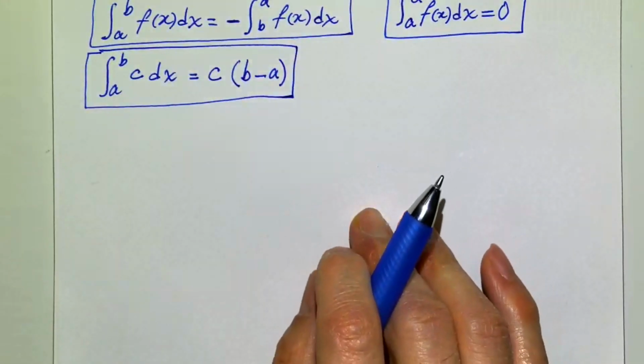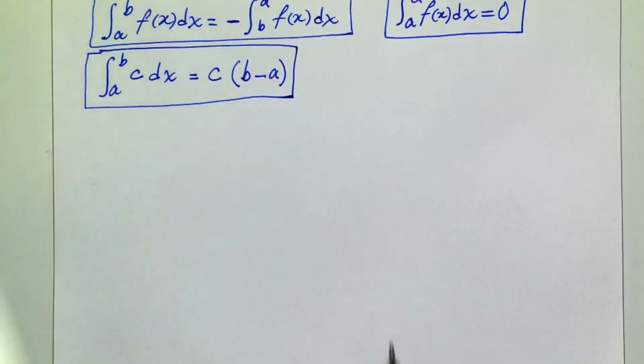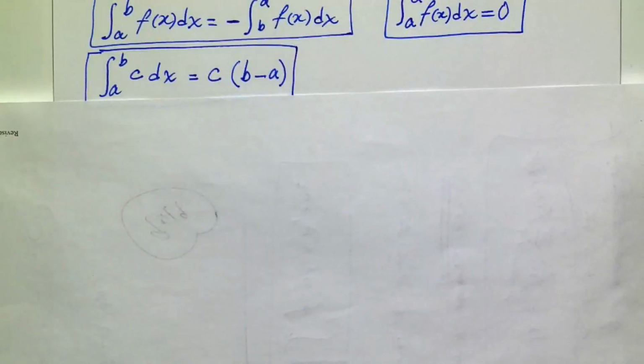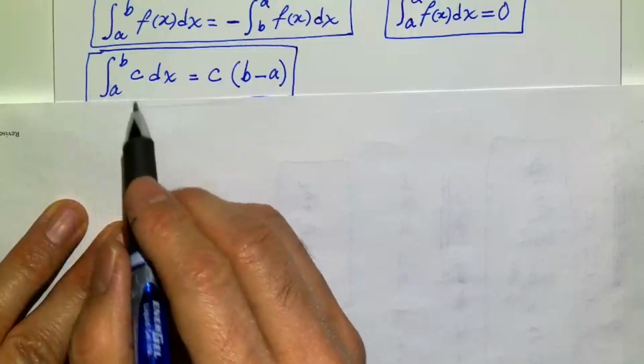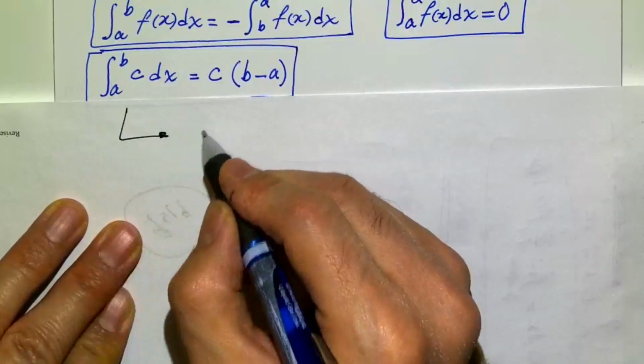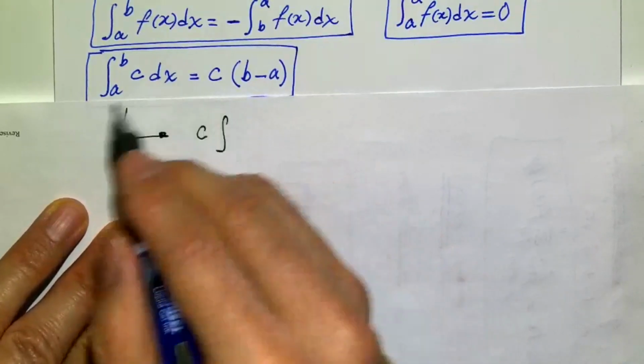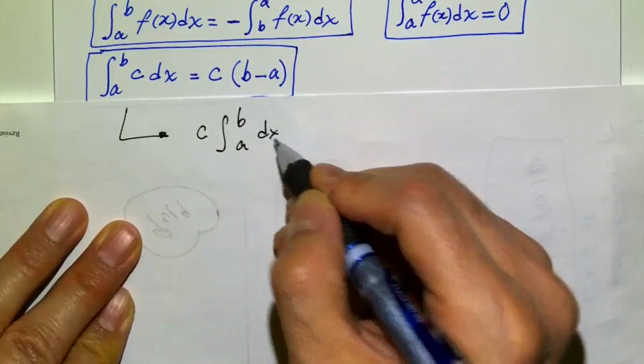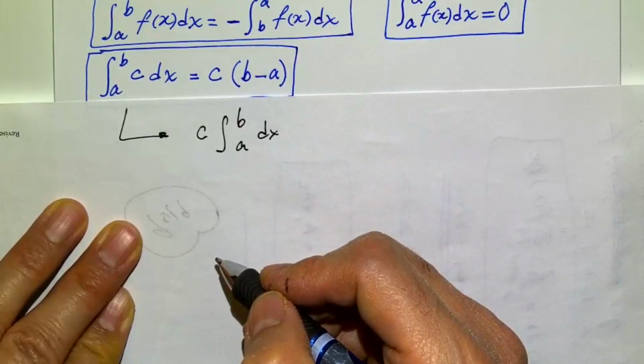I should probably use a scratch paper to show what this means. See, if you have, so let's just rewrite this as c times the integral from a to b of dx, right? We can do that. Okay?